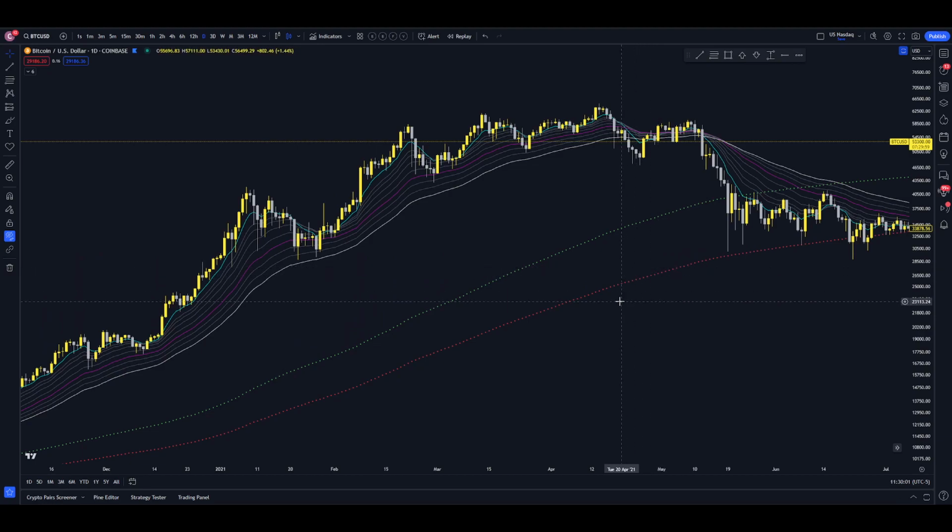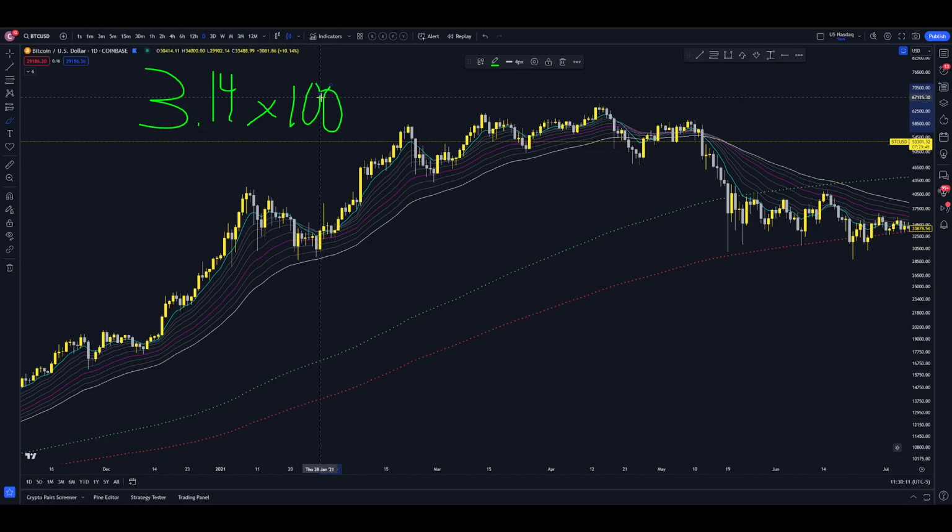And this is known as pi, the pi line, if you will. It's basically just pi, which is 3.14, multiplied times 100. And there's a lot of mathematics and science that goes into why pi is such a useful moving average. Not going to go over all that in this video. But if you're really interested in that, I strongly recommend looking up Armstrong Economics.